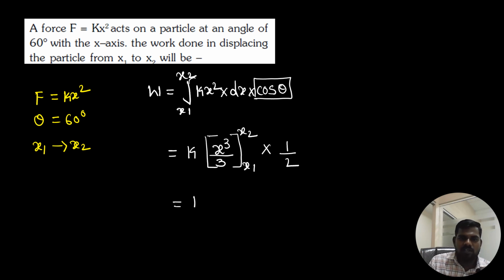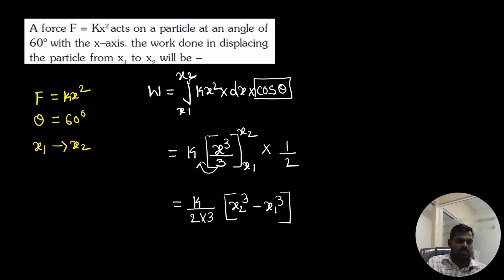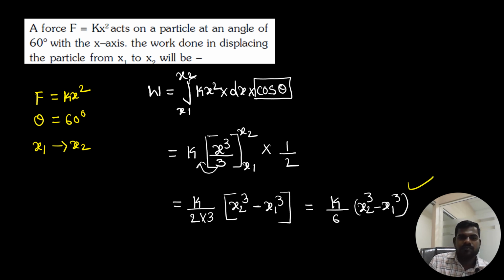That is equal to k divided by 2, this 3 also I will take here, then 2 into 3. So the upper limit is x2 power 3 minus x1 power 3 in this case. Finally that is equal to k divided by 6 into x2 cube minus x1 cube. So this is the final answer for this work done.